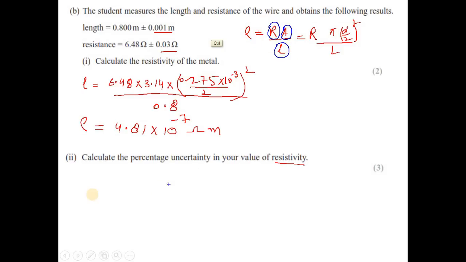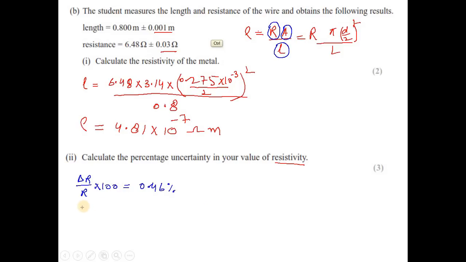So how do we do that? First of all, you need to find delta R by R, multiply by 100. If you do that, delta R is 0.03 divided by 6.48, and it will give you 4.6 into 10 to the power minus 3, or you can say that this is 0.46% when you multiply by 100.